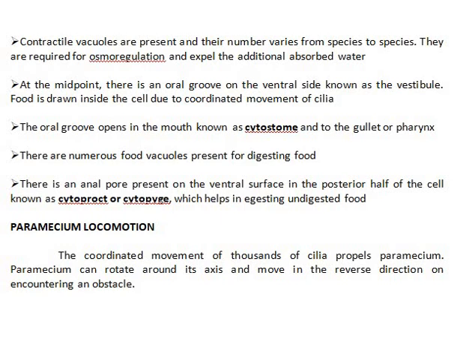Paramecium locomotion is a very important aspect. The coordinated movement of thousands of cilia propels Paramecium. Paramecium can rotate around its axis and move in the reverse direction on encountering an obstacle.